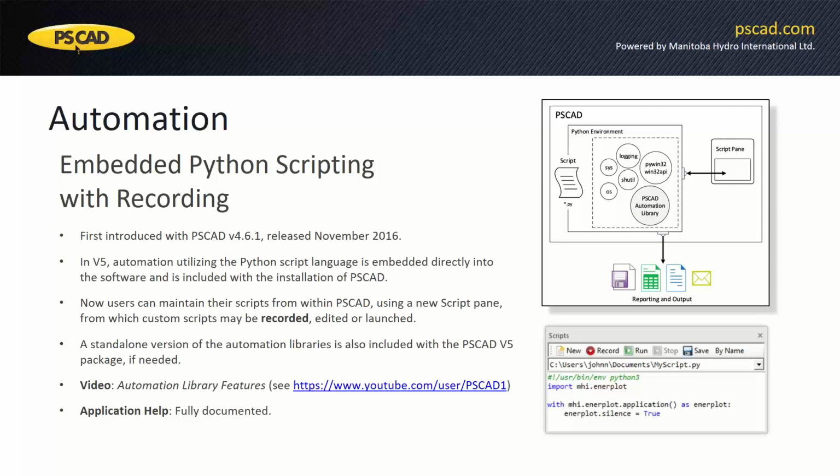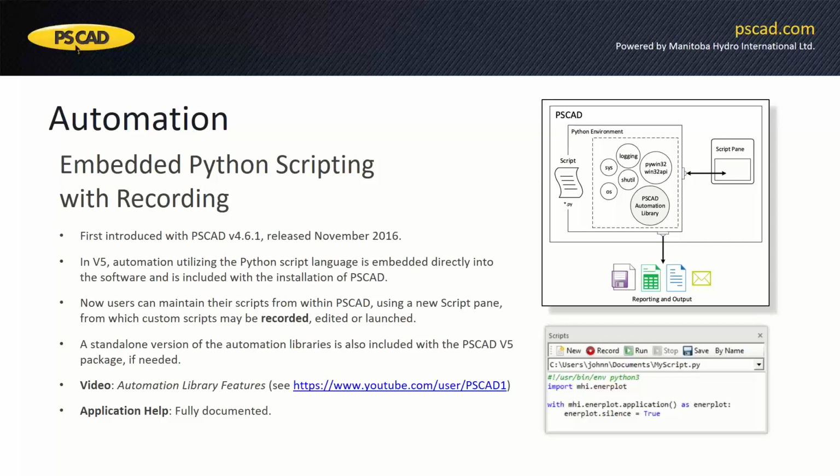The recording feature is big for those of us, including me, who aren't so great at programming in Python. As you are moving things around and changing parameters and that sort of thing, with the record button active, it will automatically script your changes for you in the window. So that's really nice.